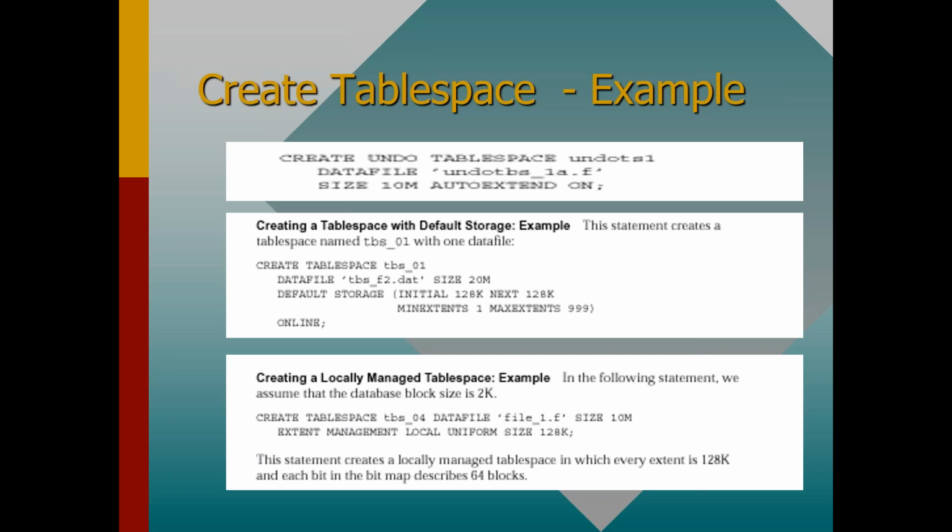The second example shows that we create a table space named TBS01 with an initial data file of 20 megabytes, and we provide the default storage clause. So we specify initial, next, min extents and max extents values.